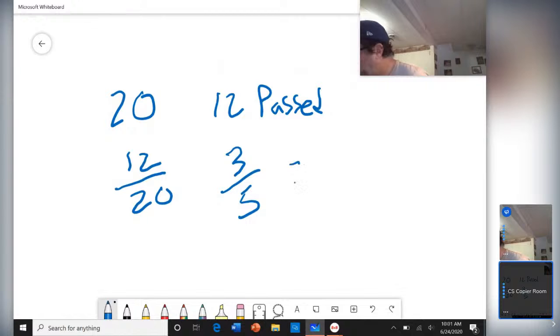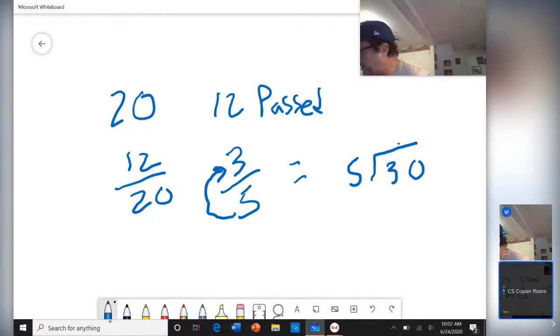And then what you do to convert that to a decimal, we're going to divide the 5 into the 3, the denominator into the numerator. And we know 5 goes into 30, 6 times.